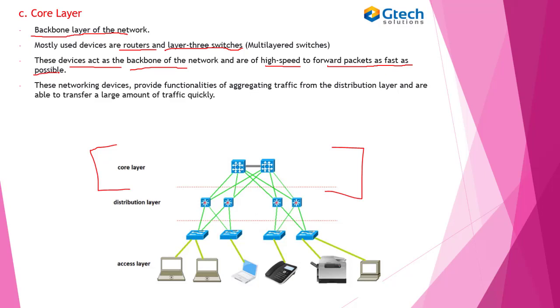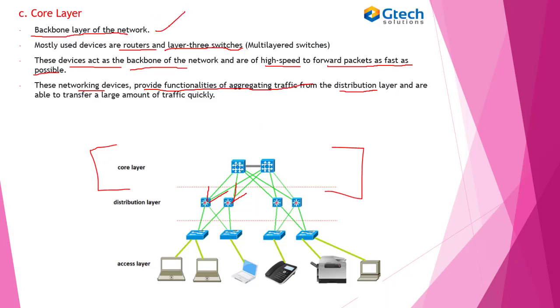And these devices provide the functionality of aggregating traffic from distribution layer devices and are able to transfer a large amount of traffic very quickly because they're the backbone of the network.